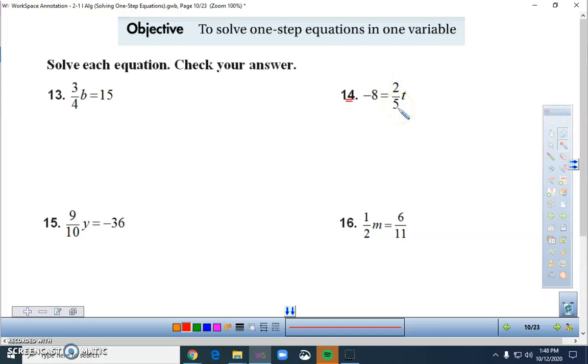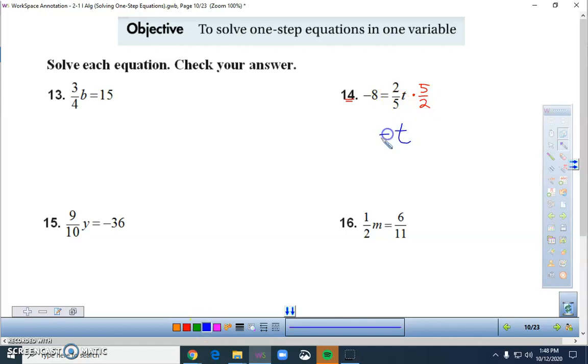Okay, so the reverse of multiplying is divide, right? However, we don't divide by fractions. If you remember, we multiply by their reciprocals. So we're going to multiply that by 5/2. If I multiply by the reciprocal, right, multiplicative inverse, that was that warm-up we did earlier, I'm going to end up with 1, right?